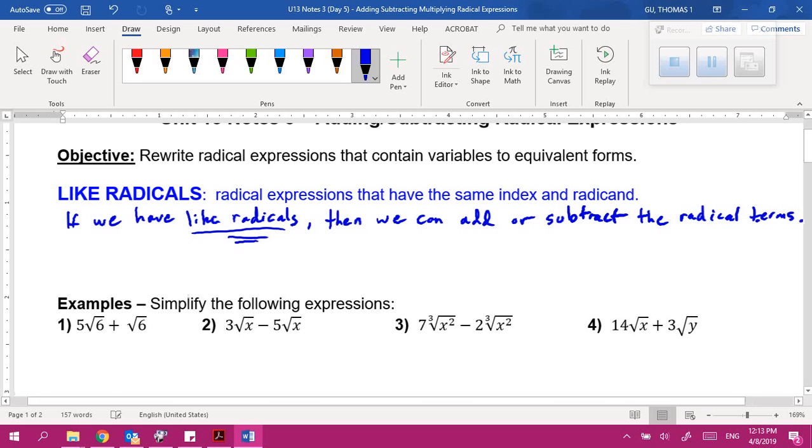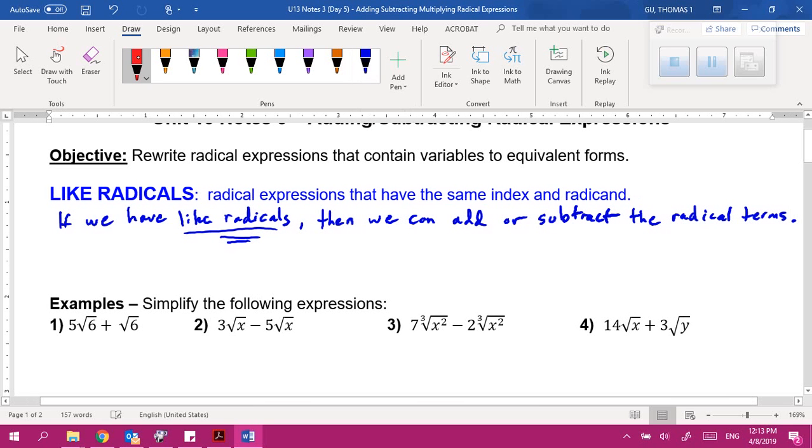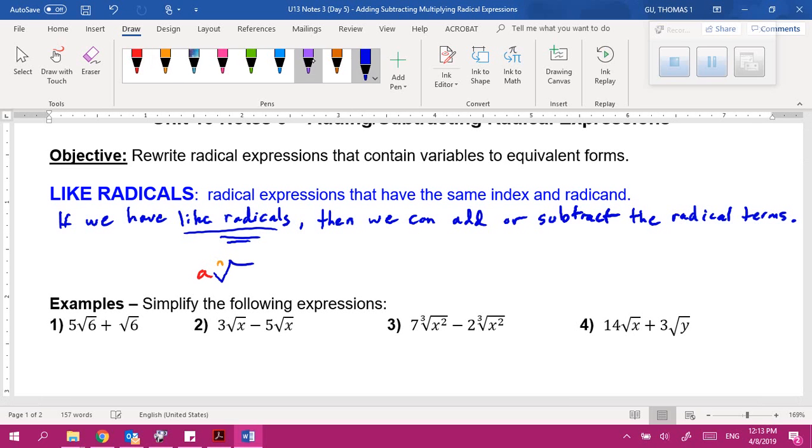I'm going to show you a little general equation here. Let's say you have a times the nth root of x, plus or minus, doesn't really matter what the sign is, b times the nth root of x. That's an n.